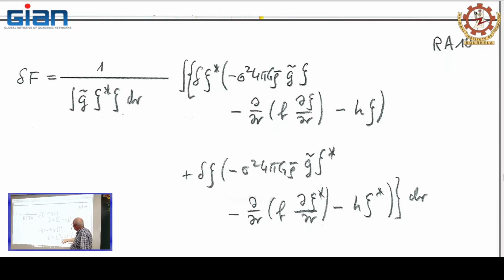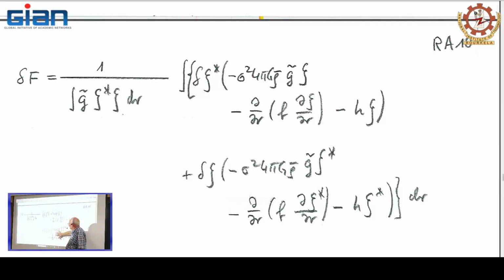And what we see here, well, we have the complex conjugate of the delta zeta star here, and in the bracketed term, it's exactly the same expression, but with the complex conjugate of the function zeta star instead of the original function zeta.